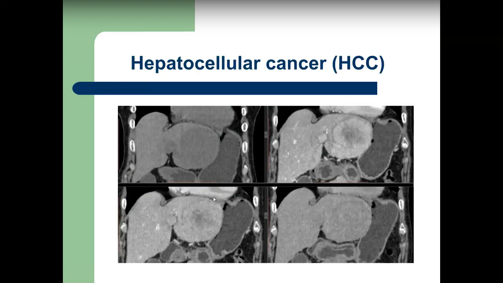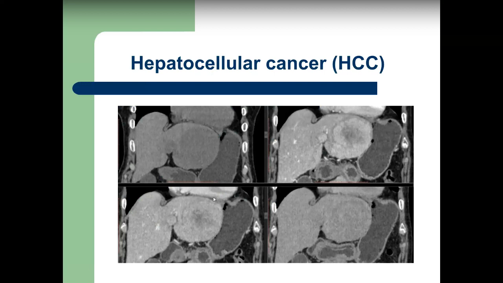According to patterns of contrasting of lesions, we can differentiate between malignant and non-malignant lesions. For example, this is proved hepatocellular carcinoma, a big lesion in the left hepatic lobe. So we can see that it is hypodense at the first, native phase.